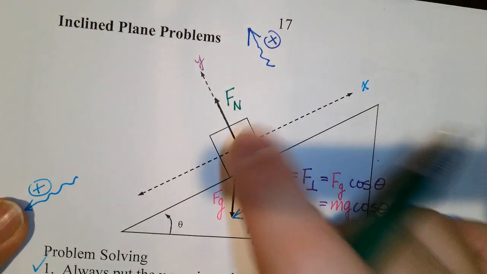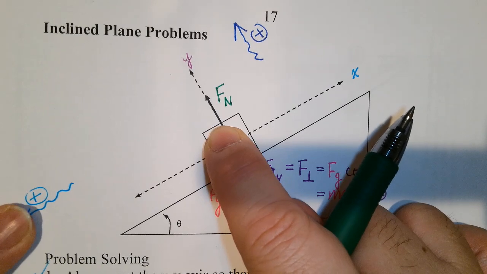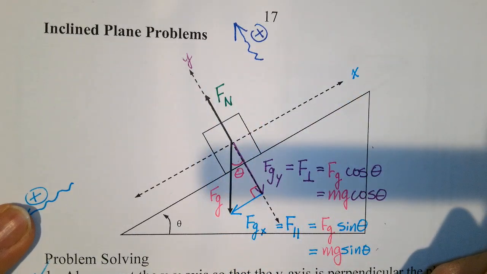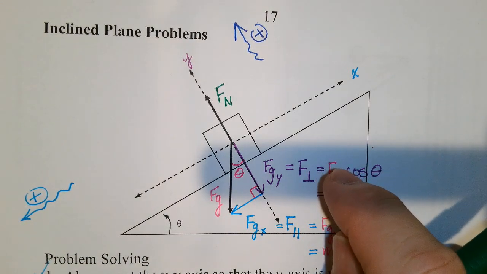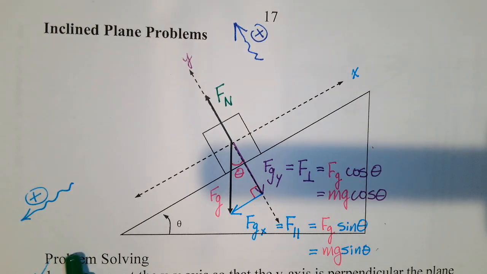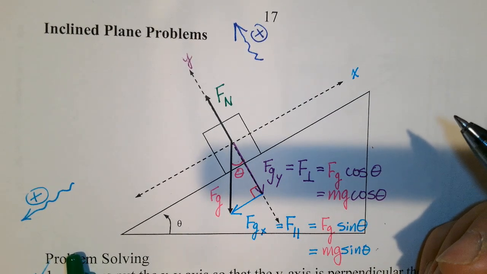Now, if I were to have this thing up there on an incline, and then if I were to, let's say, release it, but it doesn't slide, what's preventing it from sliding? All right. Yes, Julietta. Friction. And which way would the friction be acting?